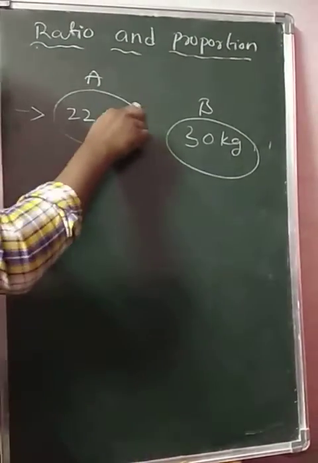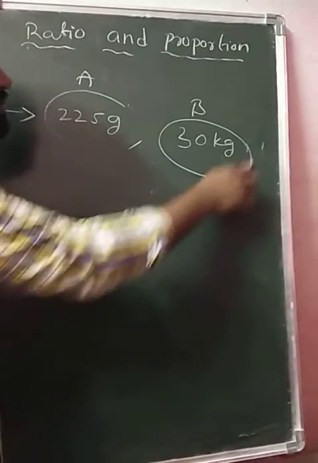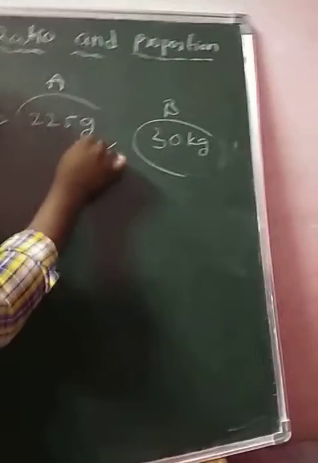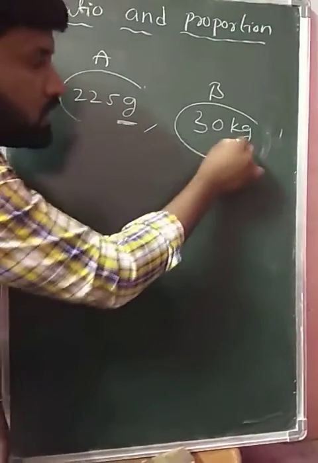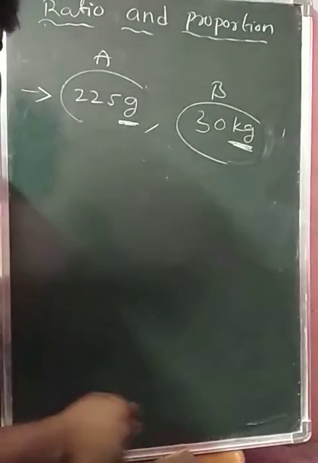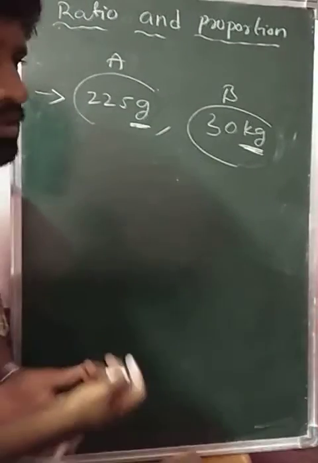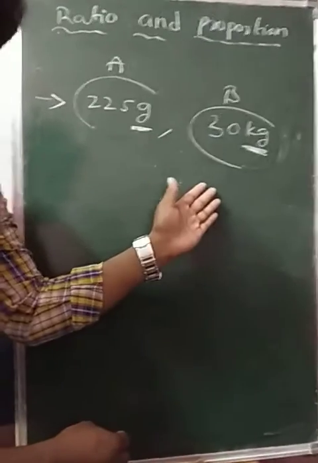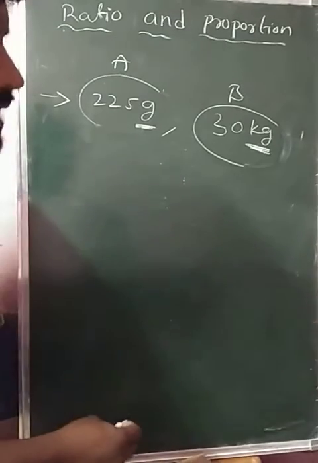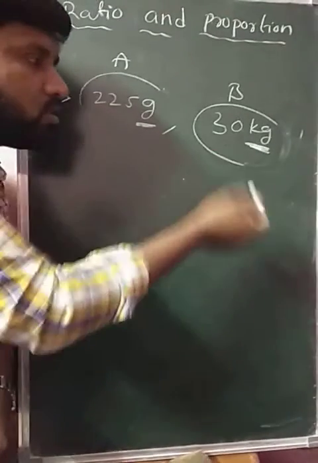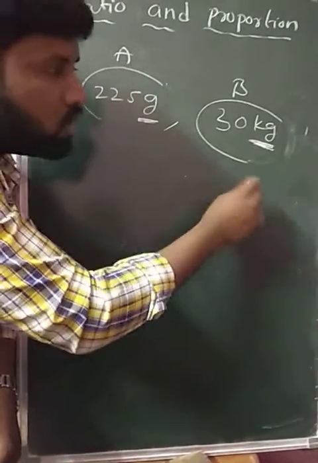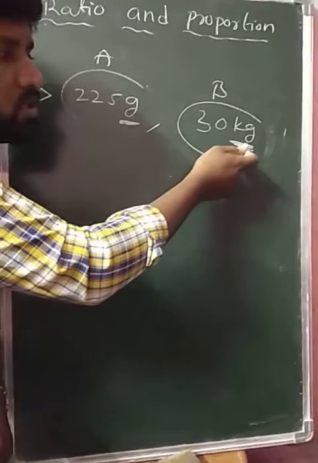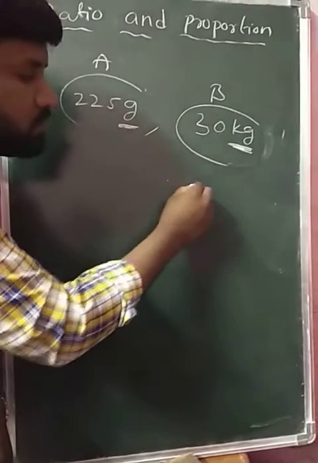Observe these two quantities. What are the units here? Grams. And here? Kilograms. So clearly the units are not the same. That's why I'm going to convert kilograms into grams.